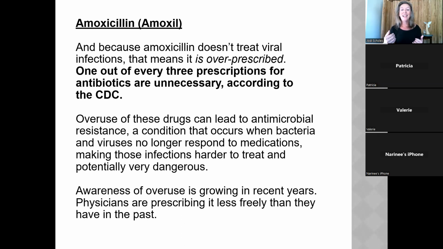Here we're calling it antimicrobial resistance. But you may have even heard of this, that the bacteria that causes the sickness doesn't respond to antibiotics because your body has gotten used to taking them. That can be very dangerous.